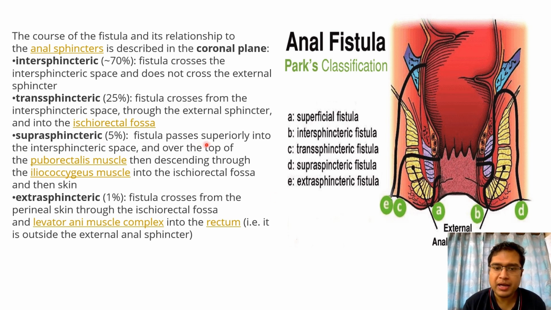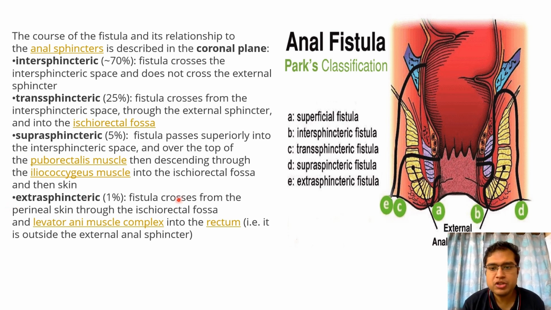Suprasphincteric fistula passes superiorly into the intersphincteric space and over the top of the puborectalis muscle and descends through the iliococcygeus muscle into the ischiorectal fossa. The type D here, where we can see that the fistulous tract is going up and then coming back down into the ischiorectal fossa above the puborectalis muscle.